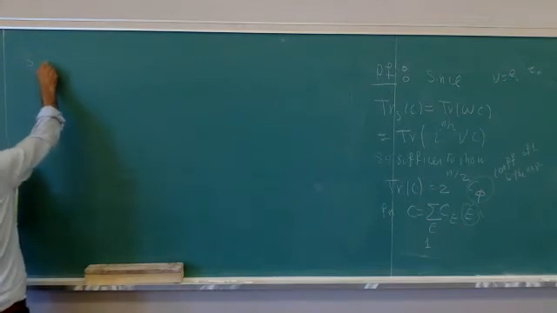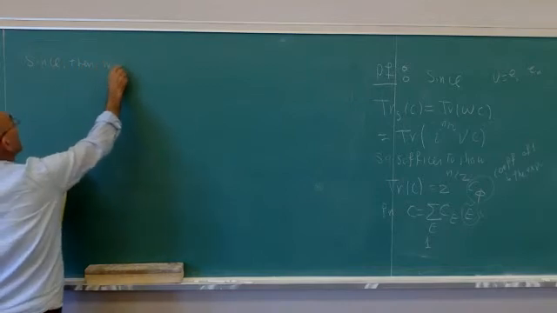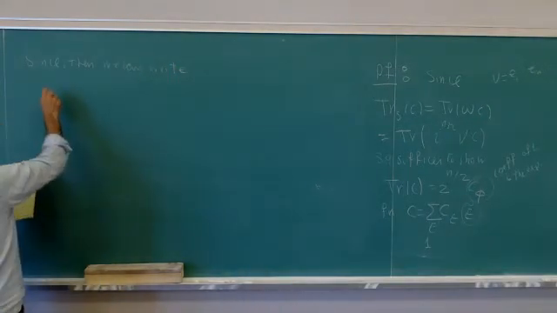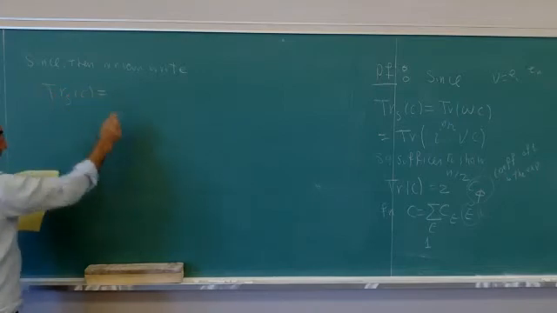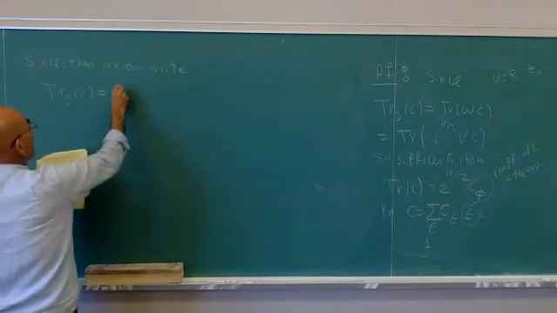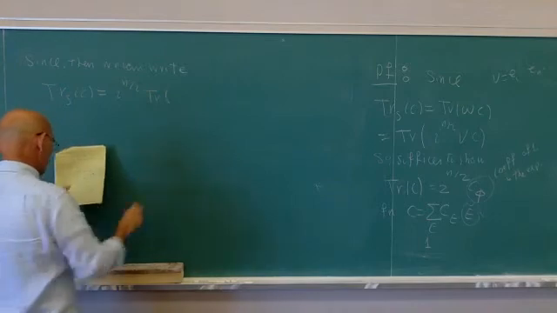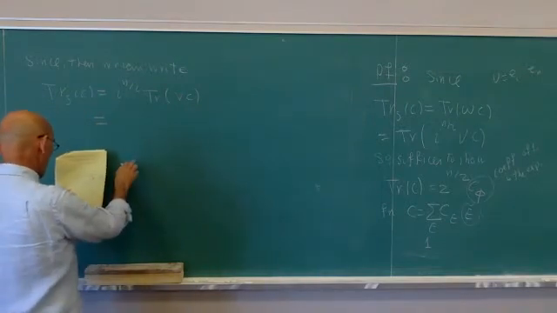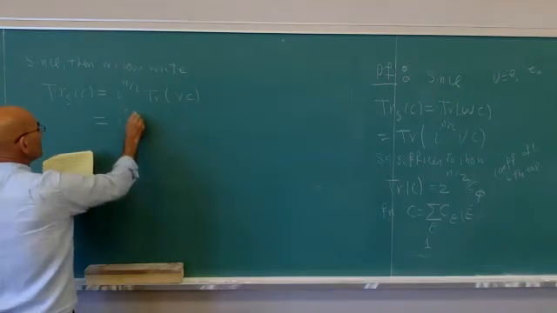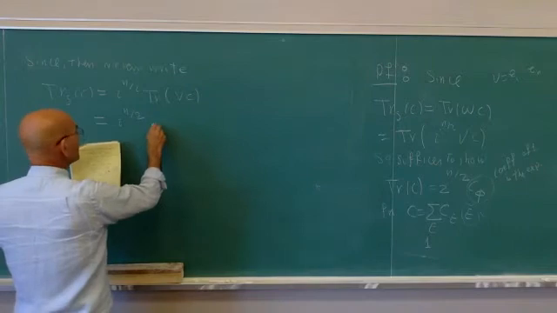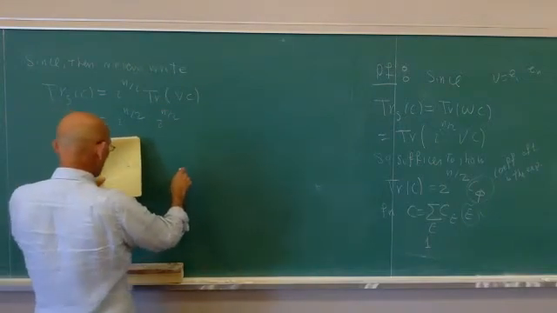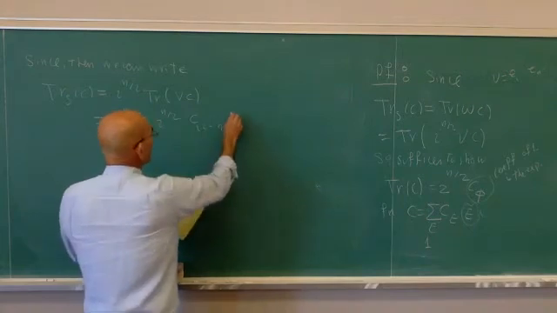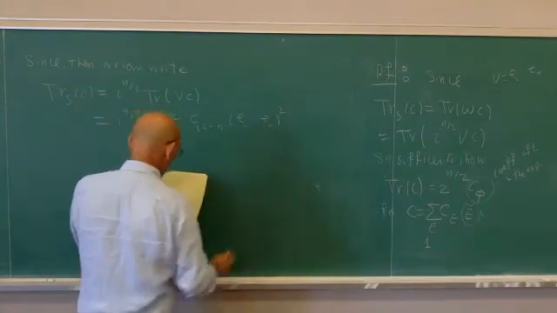So since, then we can write, it's a little more explanation, because I have it here, the supertrace of C, well, I just write myself again, this is equal to i to the power n over 2, usual trace of nu C. This is equal to i to the power n over 2, 2 to the power n over 2, C_{1,2,...,n}, and then we have got e1 through en squared.